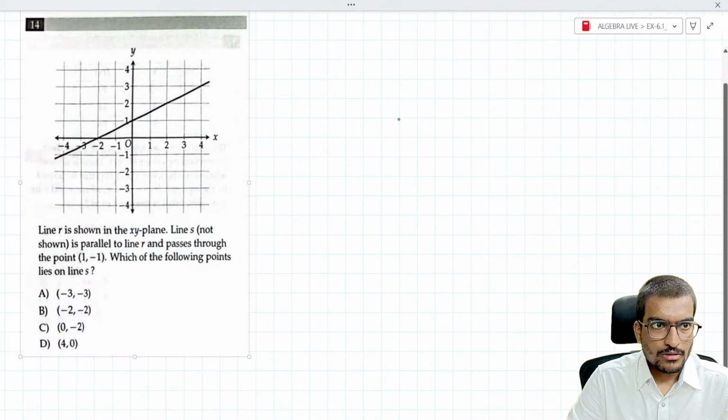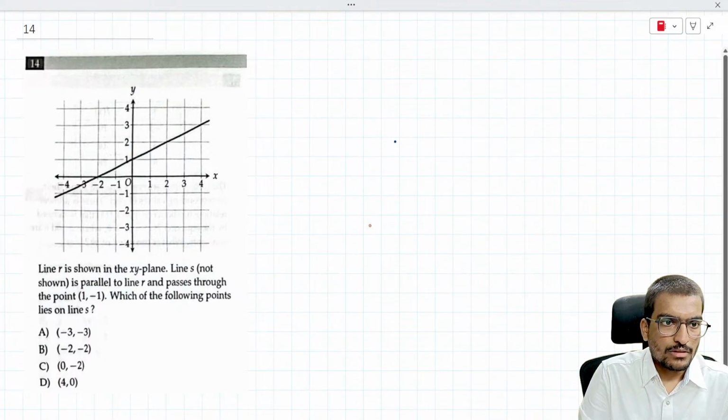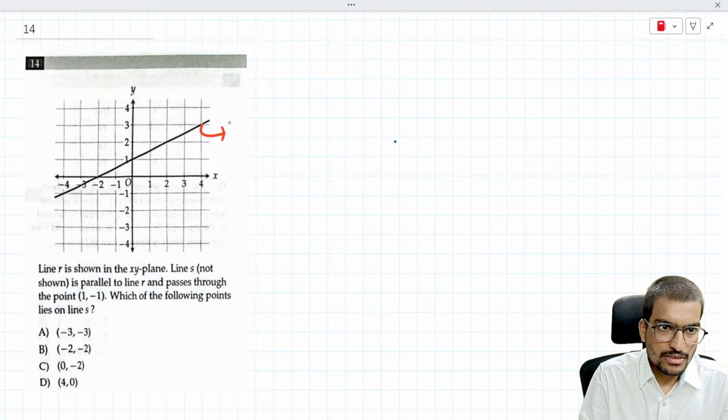Okay, question number 14. Line R is shown in the XY plane. Line S is not shown clearly.